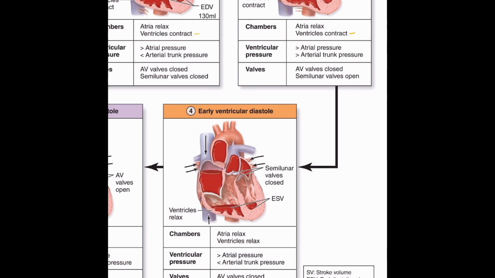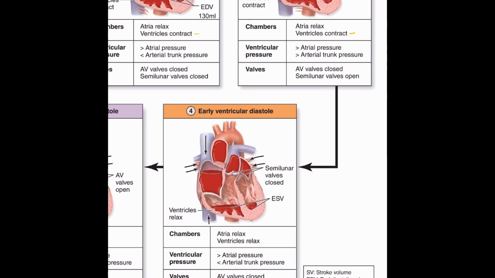So contracting here, and we're still contracting here. And ventricular pressure is now greater than arterial trunk pressure and atrial pressure. So the arterial trunk being the pulmonary semilunar valve. And then the AV valve will close, and the semilunar valve is open during late ventricular systole, so during late ventricular contraction.